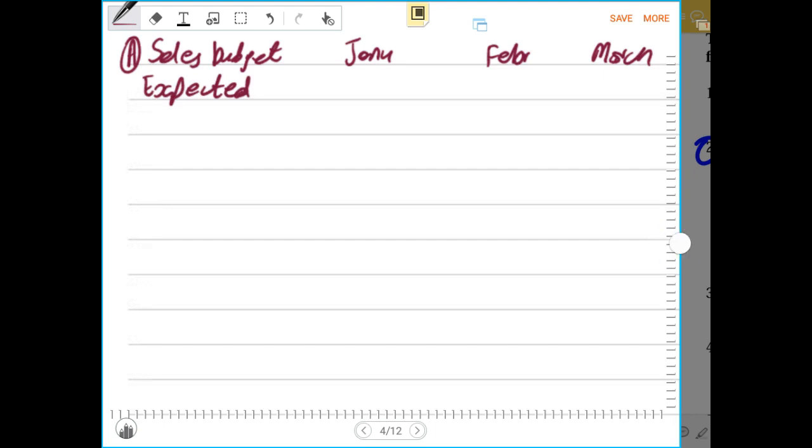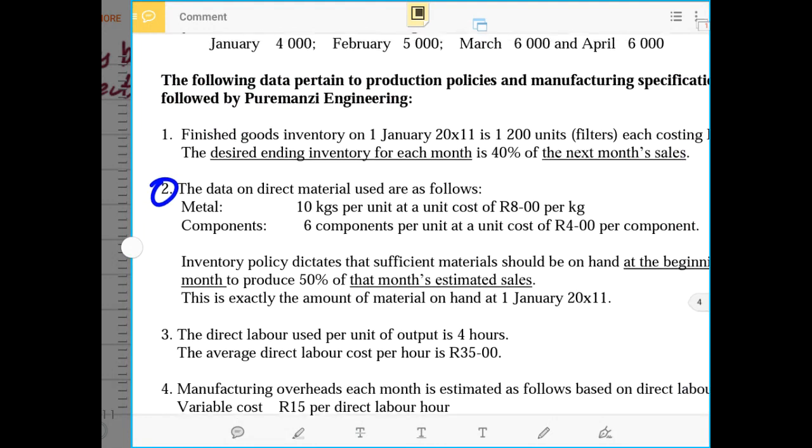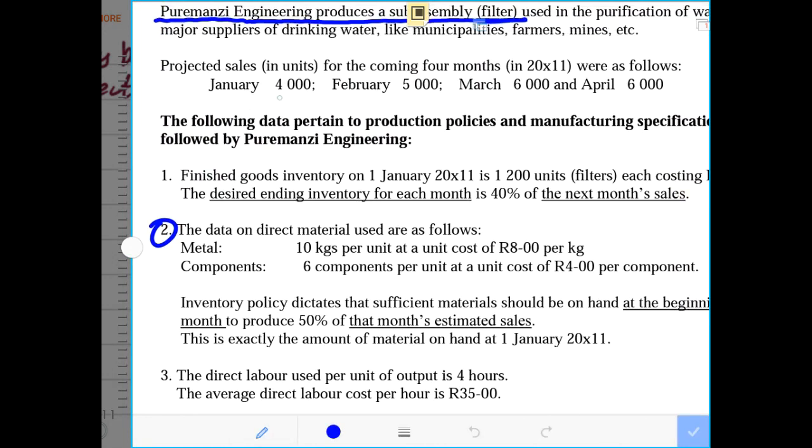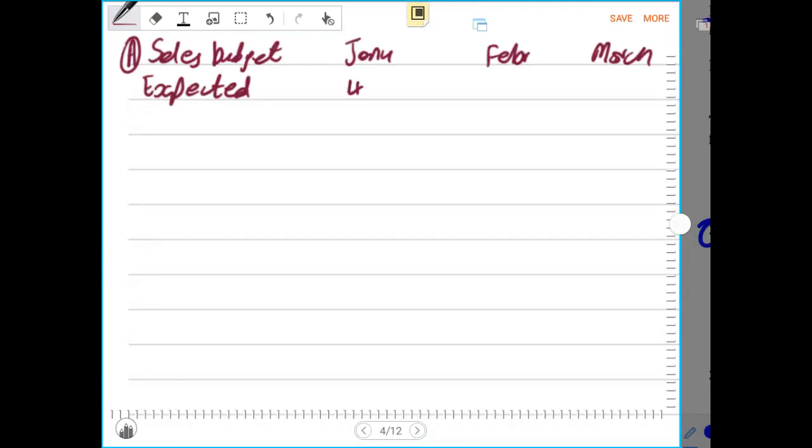Our expected sales are given for the months of January, February and March as 4,000, 5,000 and 6,000. So these sales increase by 1,000 every month.